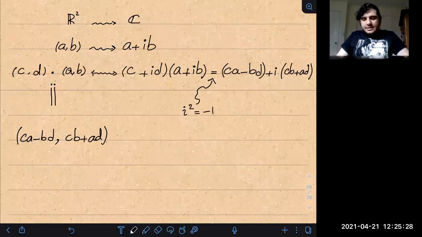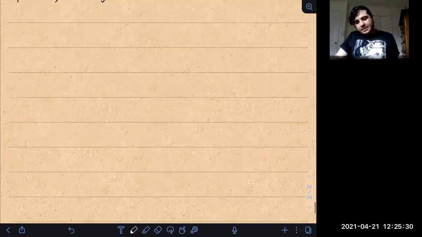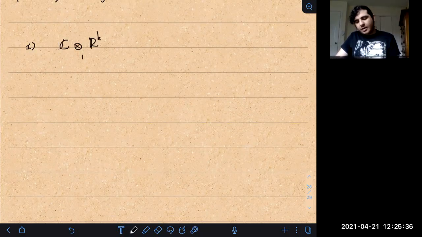Okay, so we have this complexification. So the first thing we understood is that C tensor R^k over R is just C^k.